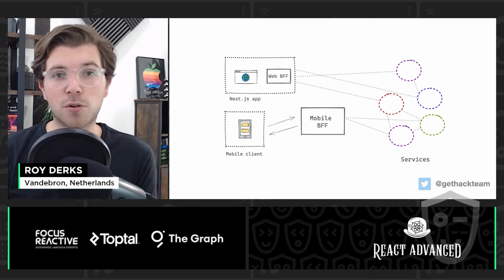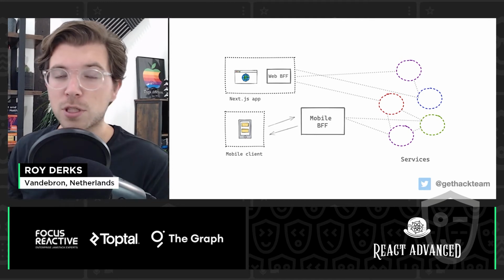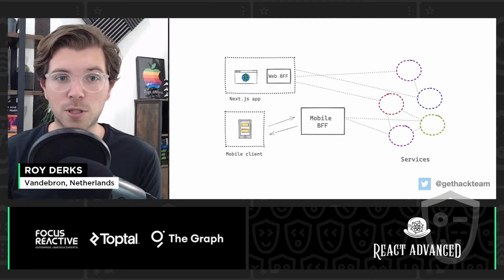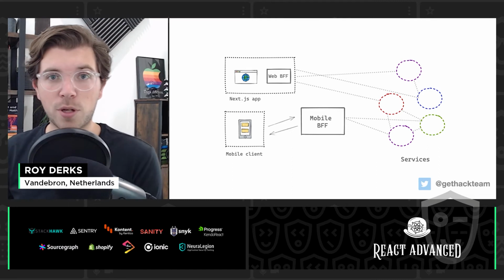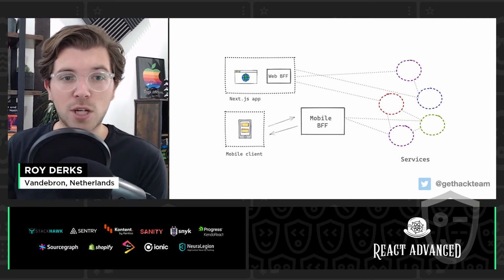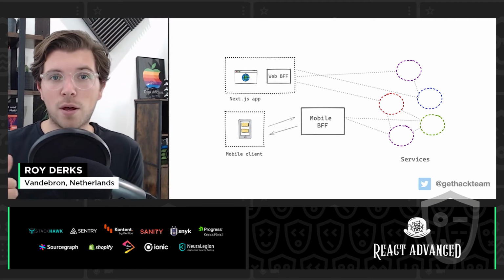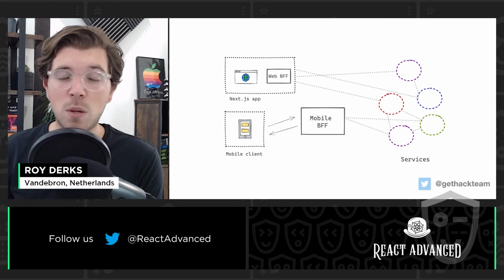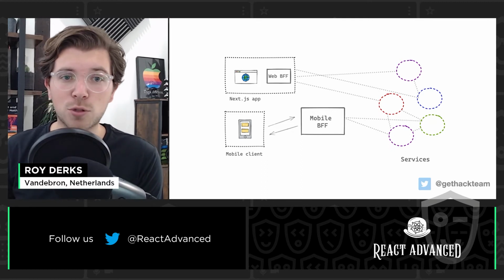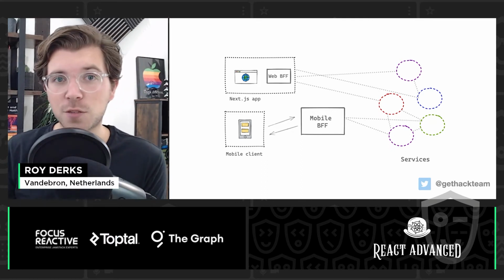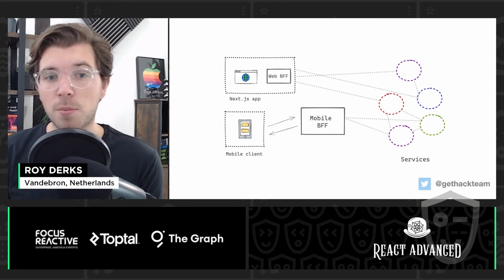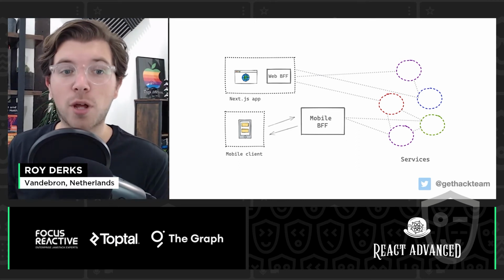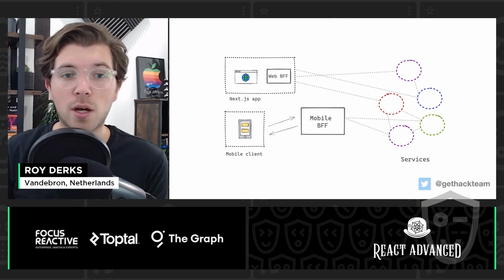But now, for the front-end or web developers, it becomes so much easier, because they have just one single BFF that's built inside the Next.js app that they can do all the things for. They don't have to worry about deployment, they don't have to worry about DNS, they don't have to worry about where things live within a Kubernetes infrastructure. So it makes things for the web client way easier, but the mobile BFF could also use this BFF as well.